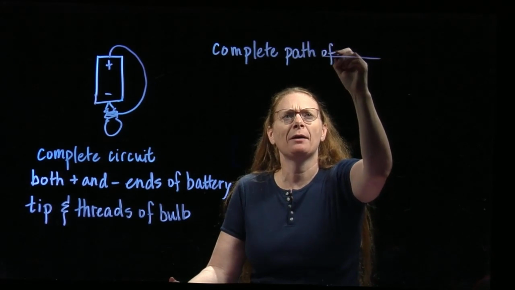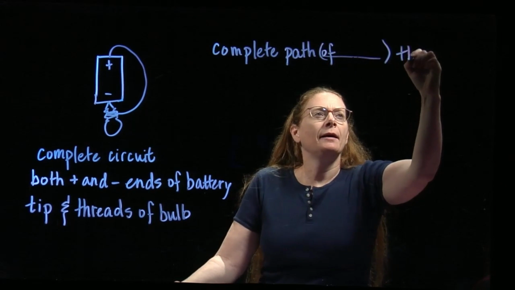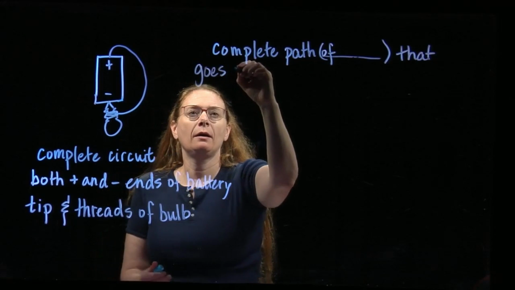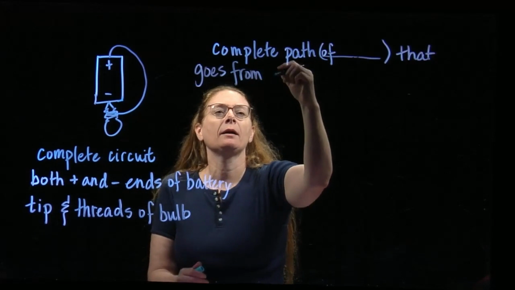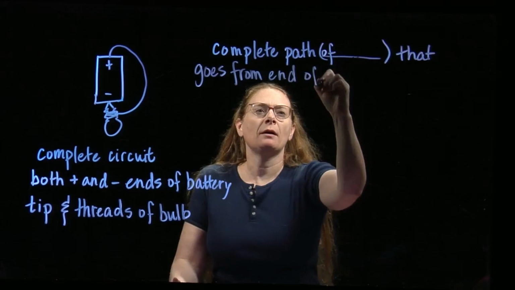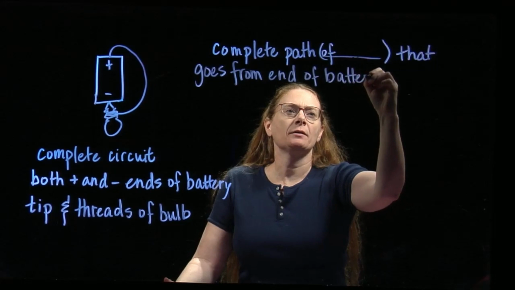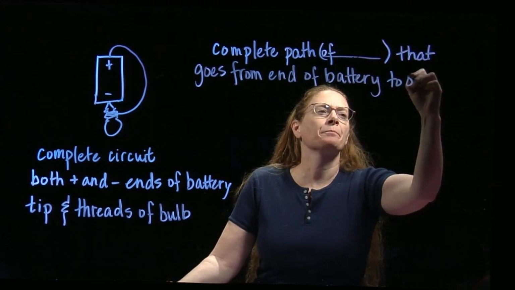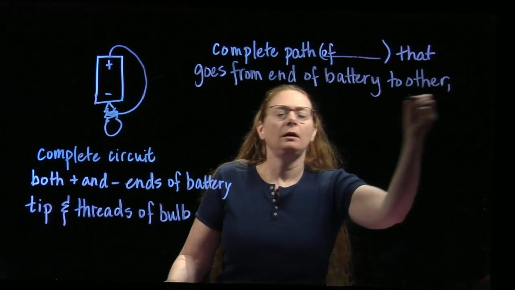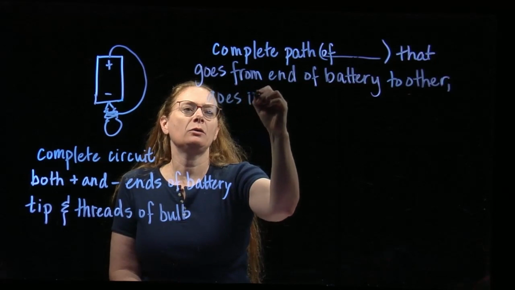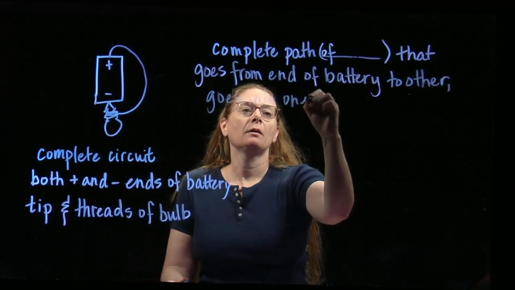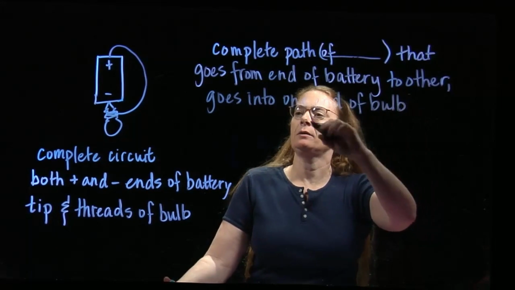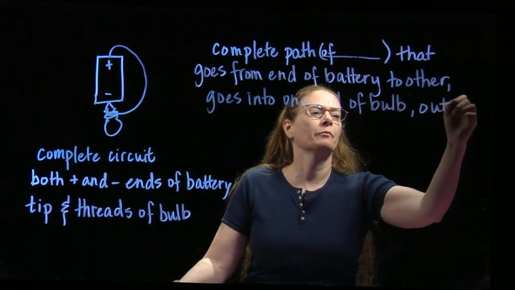How about, complete path of something that goes from one end of the battery to the other, because we know we have to use both ends of the battery, and it's got to be a complete path that goes from one end of the battery to the other, and it goes into one end of the bulb and out the other.